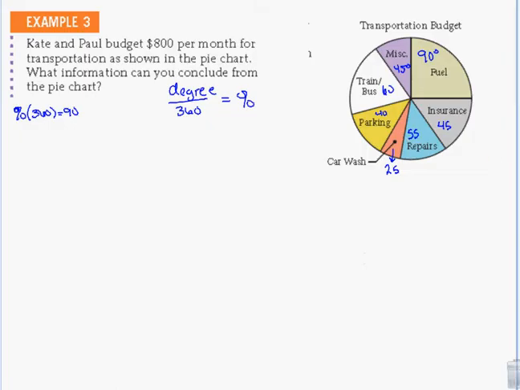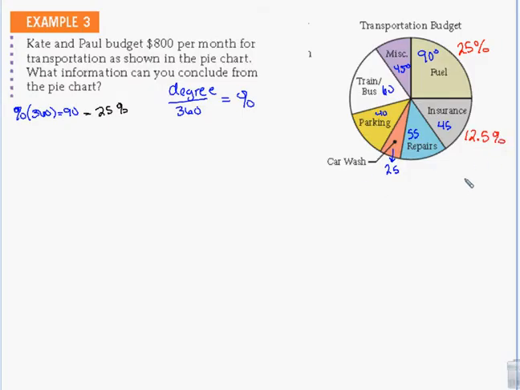So to find my percentages, I'm going to take each degree and divide it by 360. So when I take 90 and I divide it by 360, I get 25%. Okay, so I'm going to write those out here. When I take 45 and I divide it by 360, I have 12.5%.